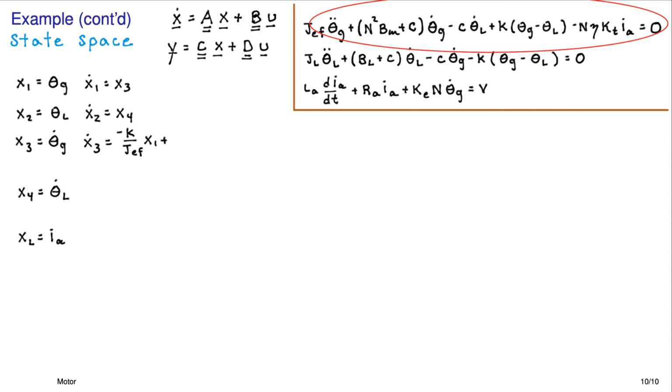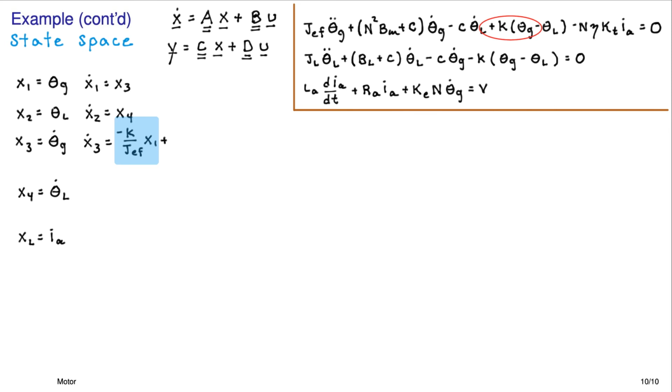You can imagine every term in there is going to be divided by the effective inertia, so we're going to see that in the denominator of a lot of things. And if I do it in the sense of the states going from x1, x2, x3, the very first one I have is a k theta G, this one right here.